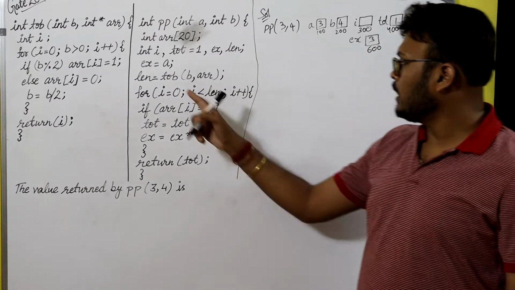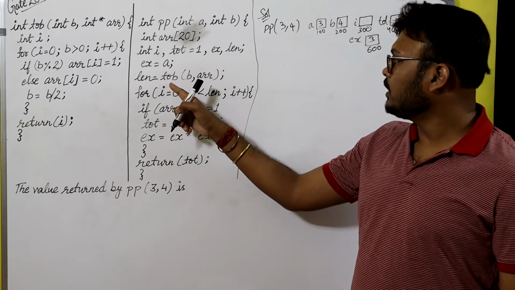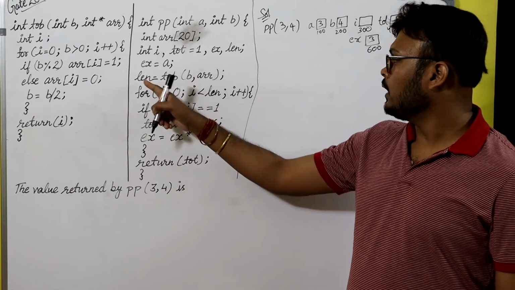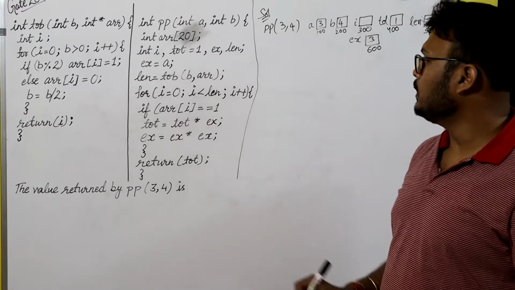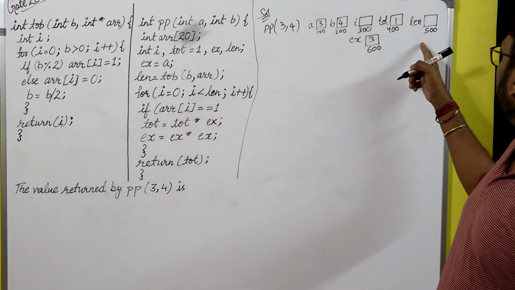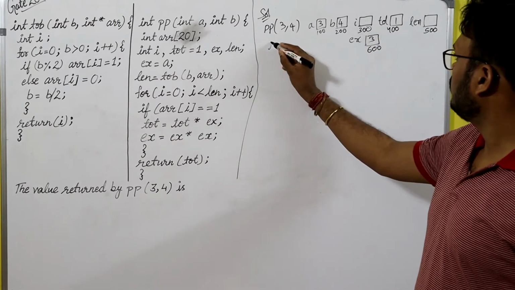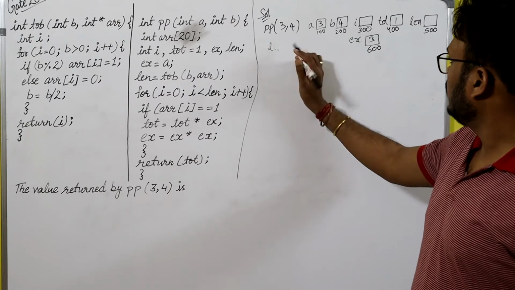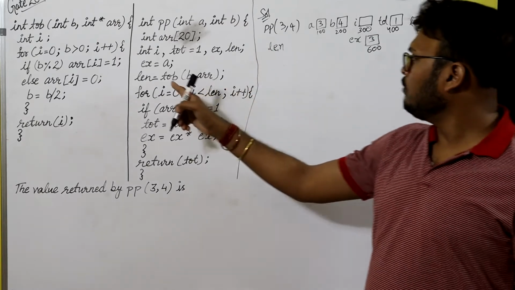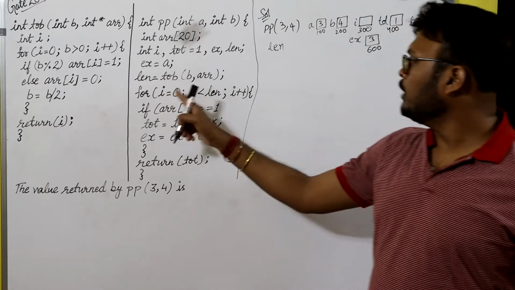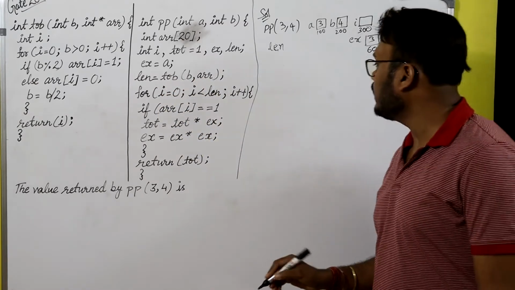Here you see a TOB function has been called: LEN is equal to TOB. So this LEN variable will hold the value returned by the function TOB.